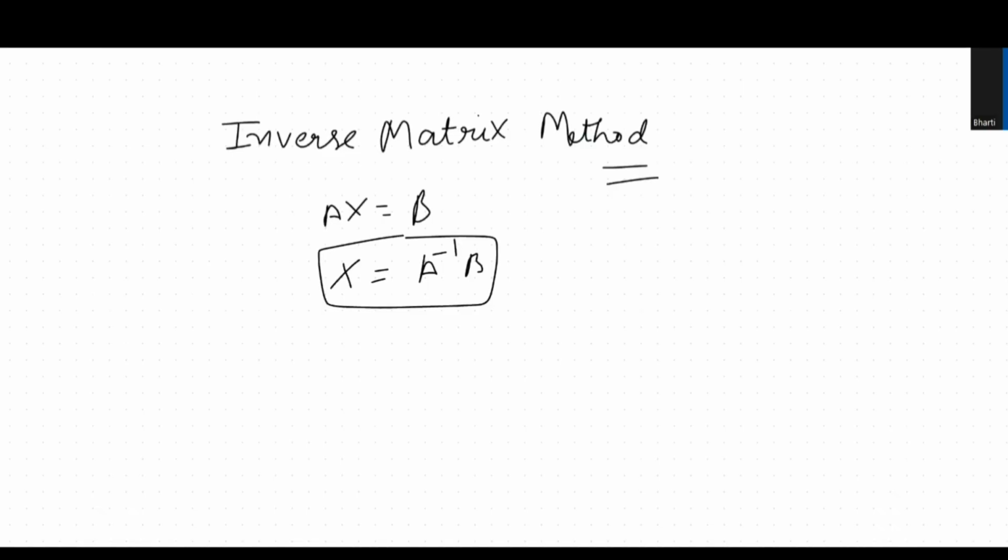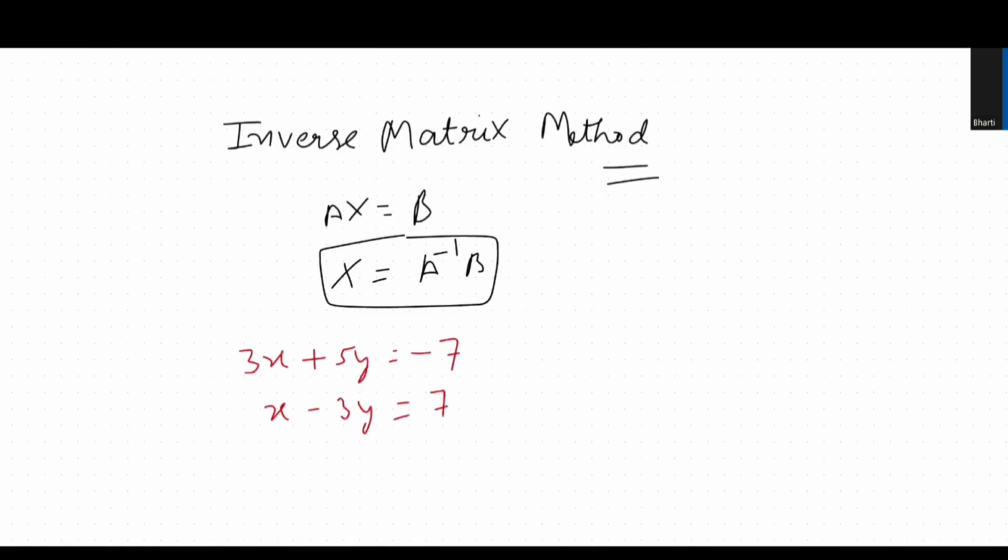So I'm taking a random example for that. The system I'm taking is 3x plus 5y equals -7, and x minus 3y equals 7. So I'm taking these two equations and we need to form the matrix, right?